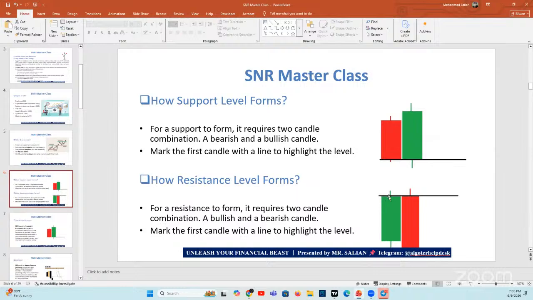Green, red, we have the resistance there. Always the first candle, regardless, but on the body. Always mark it from the body of the first candle, going across as a resistance. Always the body, not the wick. That's clear.